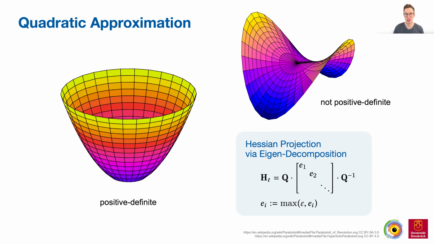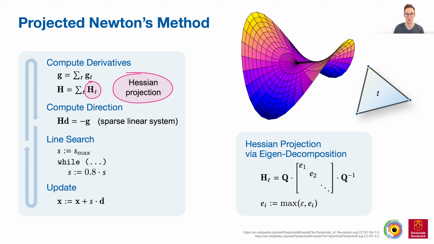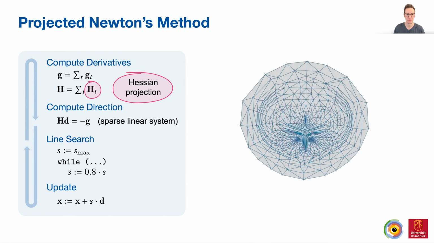Again, we can do this for each small per triangle matrix individually, and only then assemble them to the global Hessian matrix. And assembling the global n-dimensional derivatives is just a sum plus a little bit of index mapping due to different dimensions. So now, with this last detail in place, we can finally run our projected Newton's method on a surface-to-plane optimization problem.